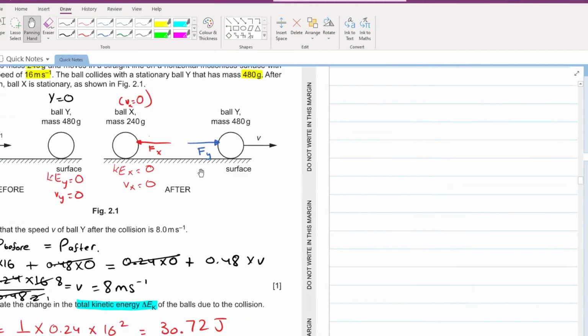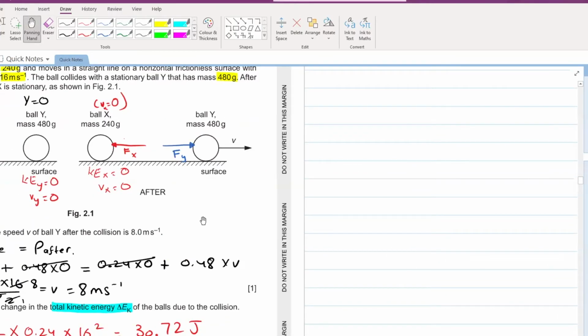Now, please remember, whenever a collision happens, the force that one object exerts on the other object is equal and opposite to what the other object exerts on the first object. I have said it in a slightly complicated way, but whenever a collision happens, Newton's third law applies.